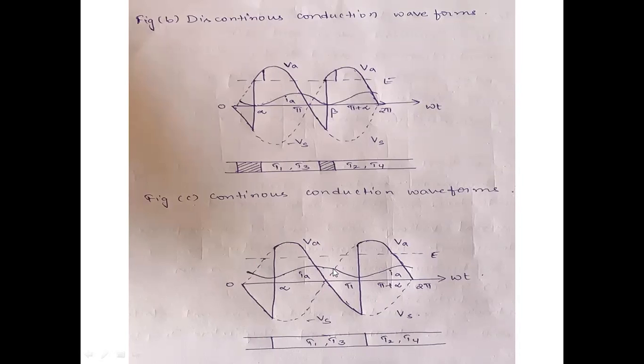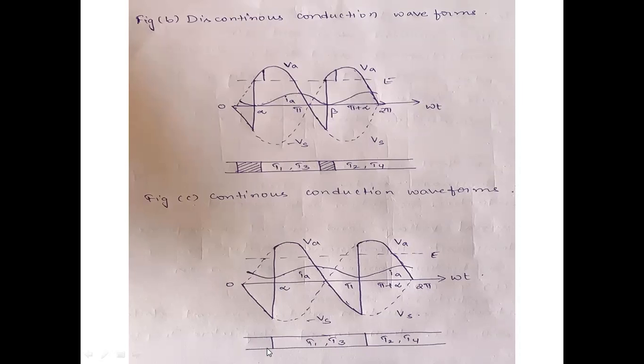This positive current will be flowing through the motor. So here, just before the alpha period, T2 and T4 will be on. So omega t is equal to alpha. Just before here, in this period, T2 and T4 will be on.